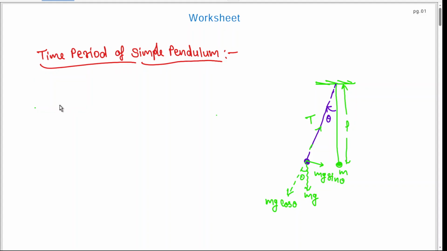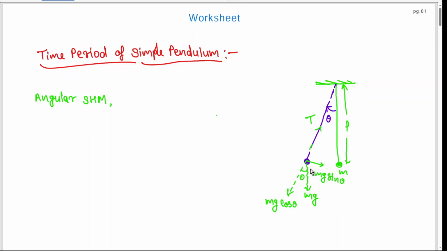So since we are taking angular S.H.M, we will write here restoring torque.